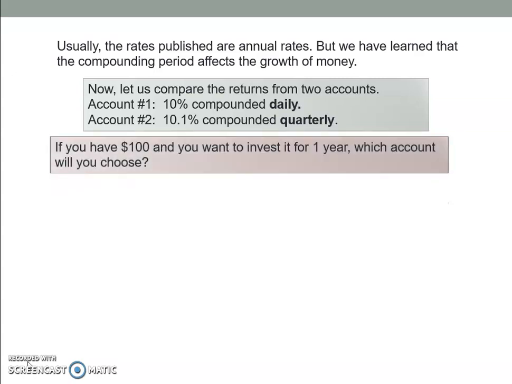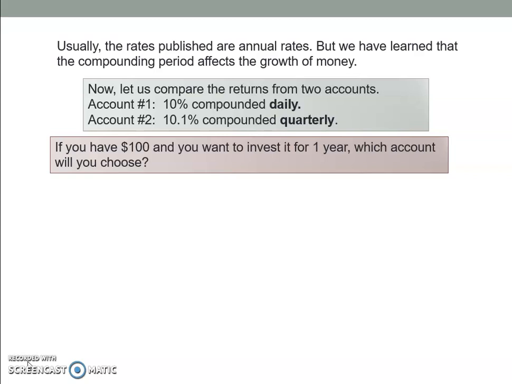So my question is, if you have $100 and you want to invest it for 1 year, which account will you choose? All right, I'll give you a few seconds to think about this. And I hope that you have chosen the correct account.